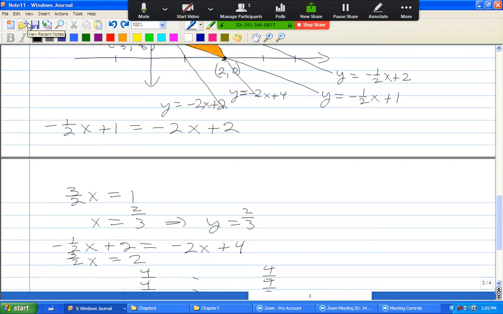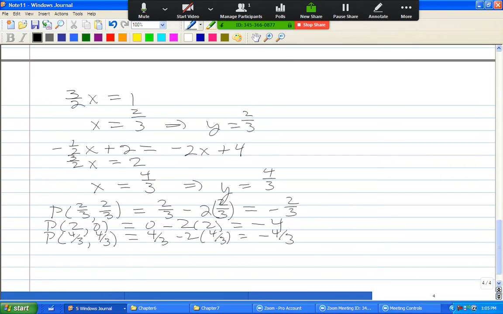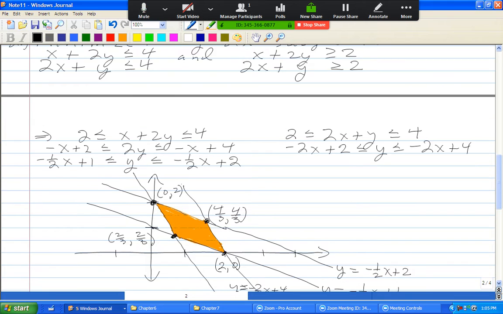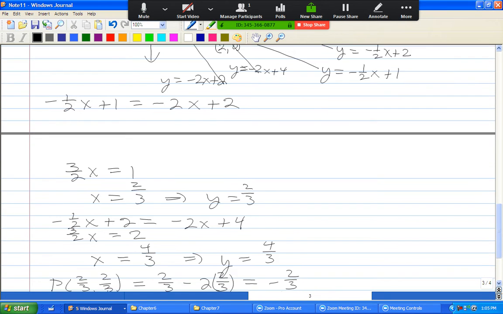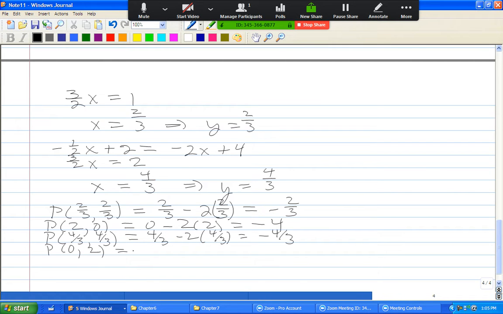I did 2, so 4/3, 4/3. So it is y minus 2x is minus 4/3. And lastly, so I did those three. 0, 2, I didn't do 0, 2 yet. So it's y minus 2x is 2.